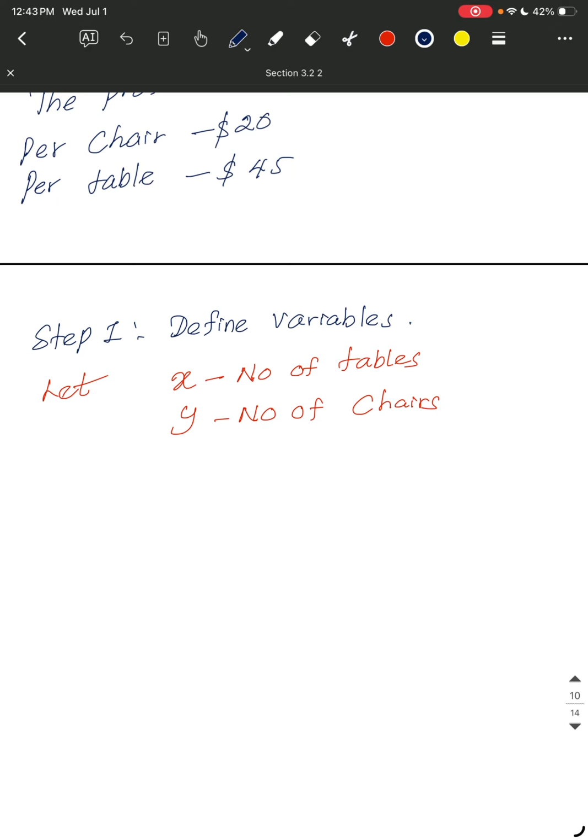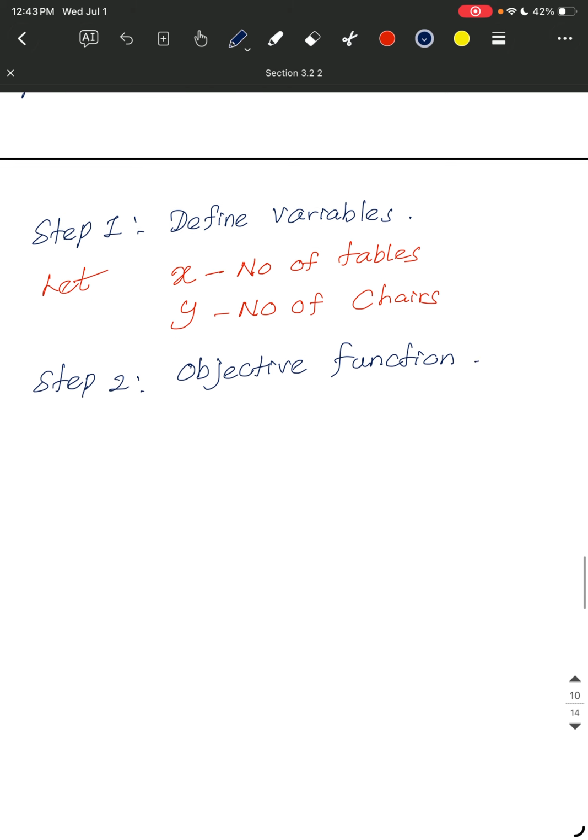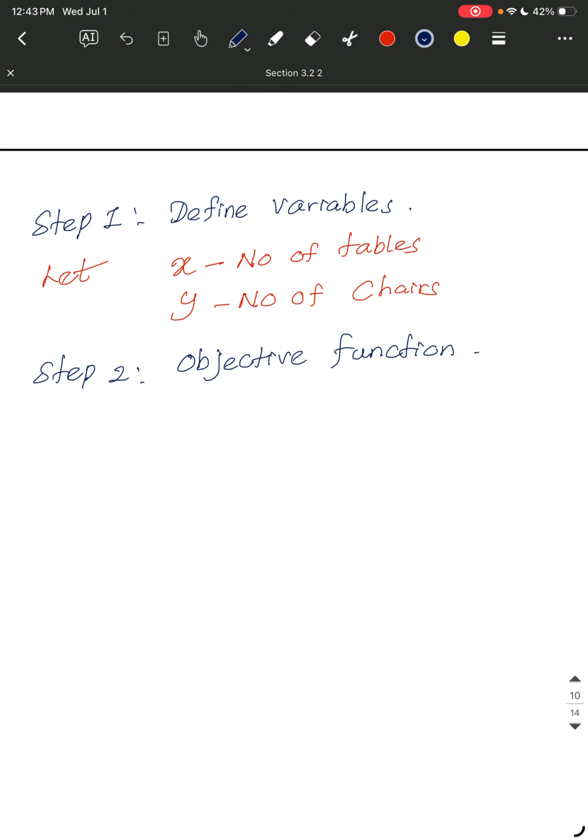Second, step 2, define the objective function. To define the objective function, I would encourage you to make a two-way table because we have the given information here.